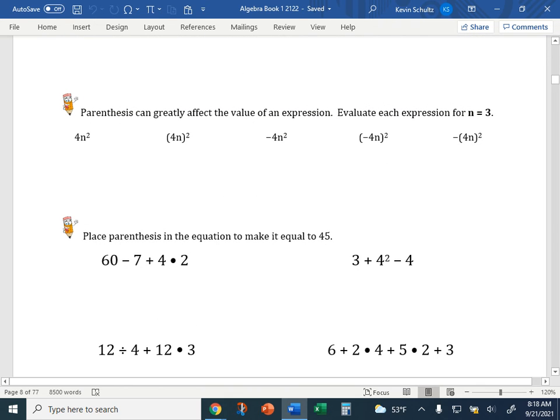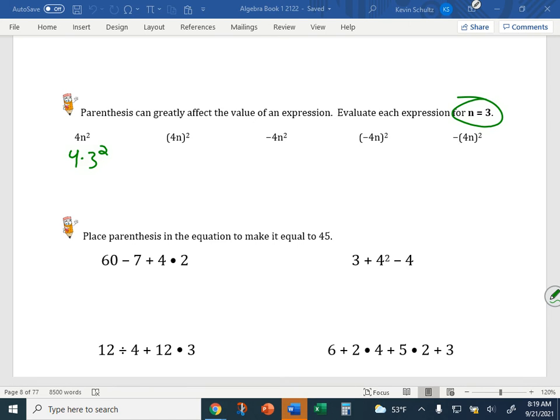parentheses can greatly affect the value of an expression. Evaluate each expression for n equals 3. So we get a little bit of practice of plugging a variable into something and finding the value. For each of these, n is 3. So for this first one, 4 times 3 squared is what that turns into. Just recall that a number in front of a variable means you're multiplying them.